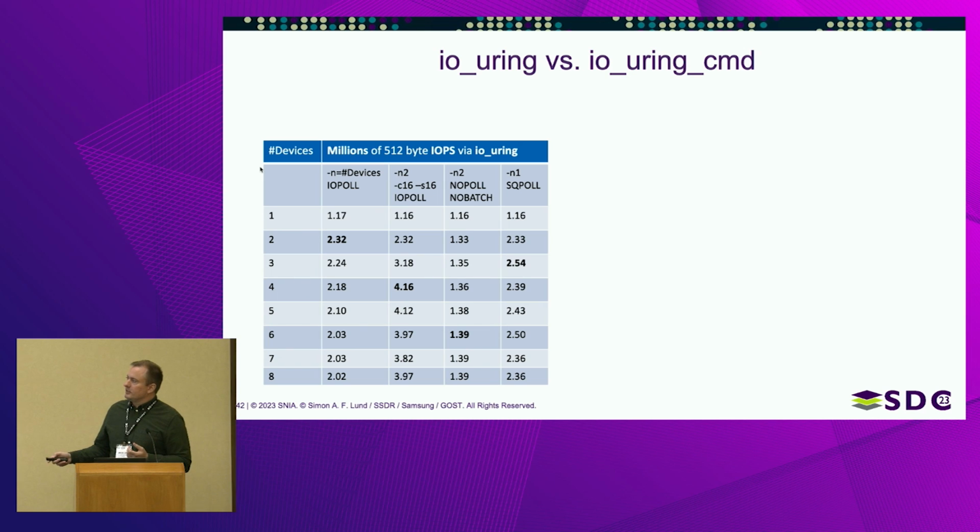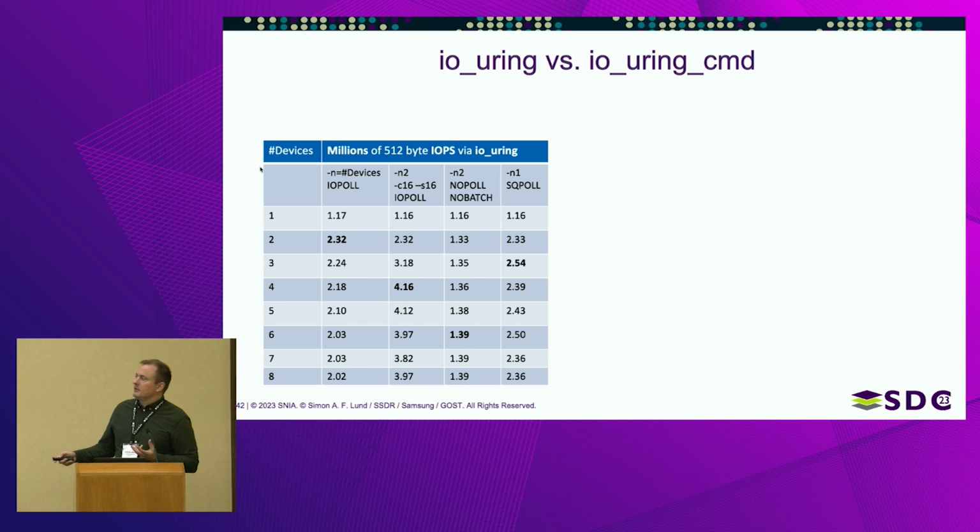We've done 2 configurations with IO polling enabled, one with SQ polling enabled, and one without any of these polling modes enabled at all. What you see here is that if you don't use polling, you're not going to get more than 1.39 million IOPS out of your system. Polling is essential to get scalable performance out of this interface.